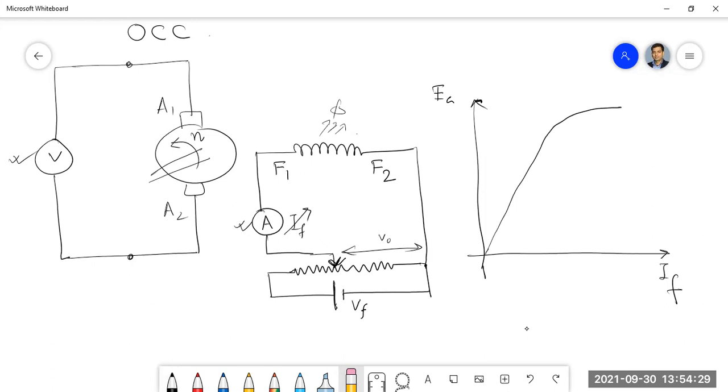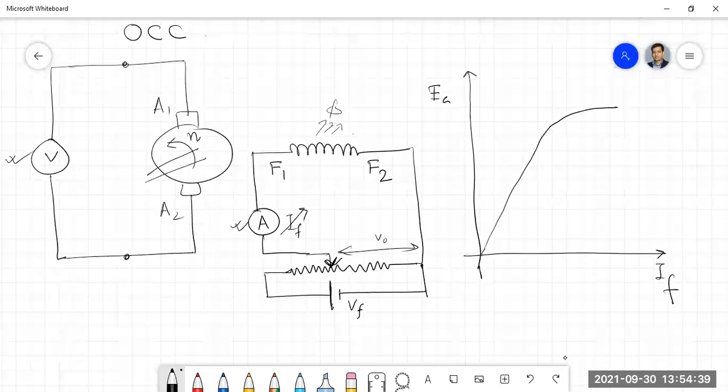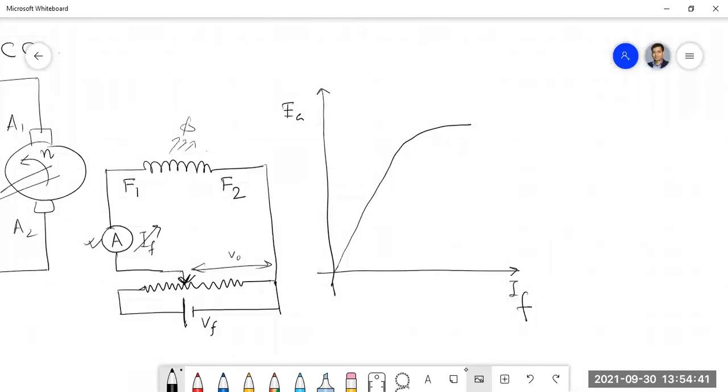No, no, sir. Because EA is proportional to phi m, and phi m is proportional to IF. So that's why I said this type of curve. Okay, so he is saying that EA is ZA by A. So this formula you always have to remember.